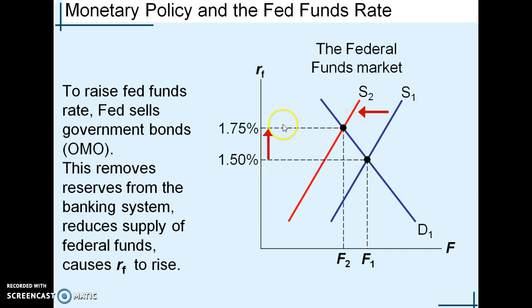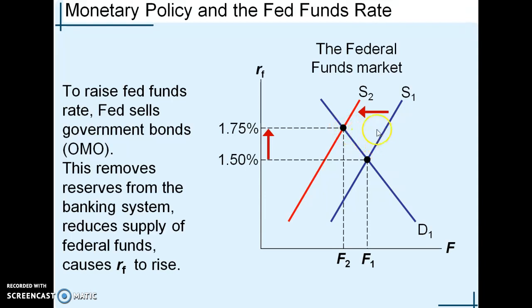So in this case, the Fed, using that open market operation, comes into the marketplace and starts to sell bonds. As they sell bonds, the Fed is pulling the cash out of the market. There's less cash in the market, and interest rates start to rise.